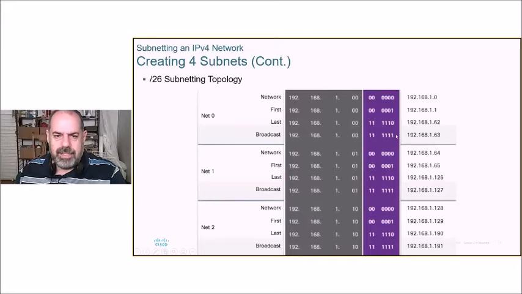And then the broadcast for the subnet is 63. 64 is the next subnet, because it's 01 there, all zeros in the host section. Then again, you've got 62 possible host numbers from 65 through to 126, and then you've got your broadcast. So it all follows the same pattern, and each of these subnets has its own range.